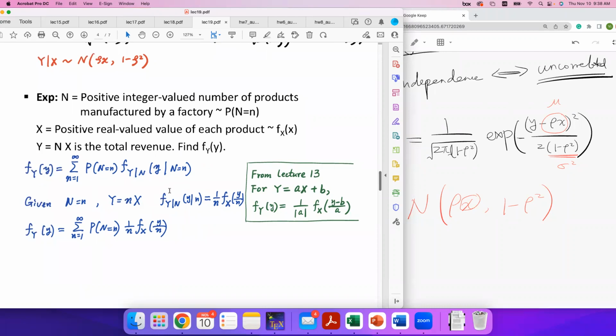So therefore, by the definition of conditional PDF, F_Y given n.